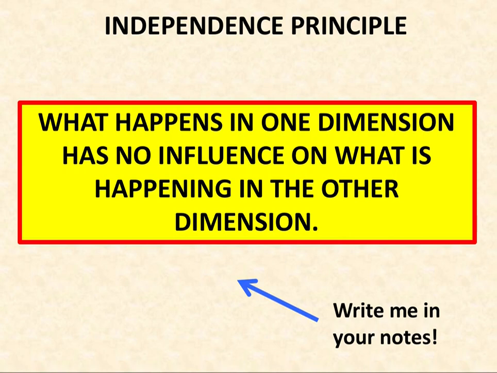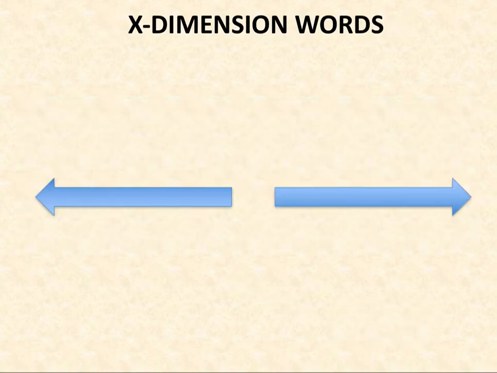Basically, the x dimension is independent of the y dimension. They can't tell each other what to do. But you're going to see that even though the concept is simple, applying it correctly can actually be harder than you think.